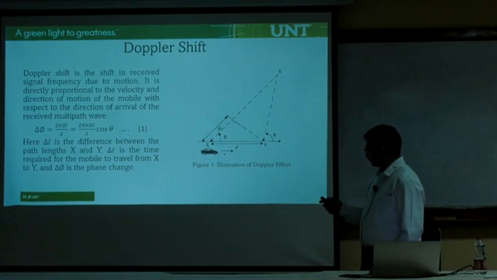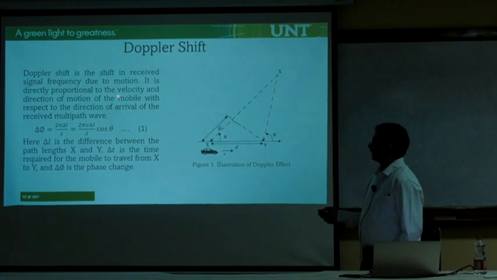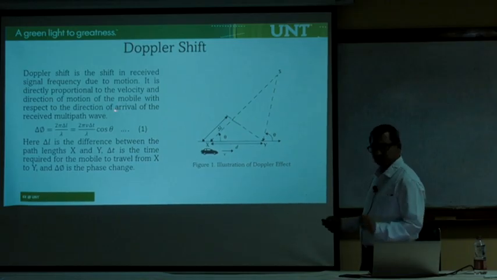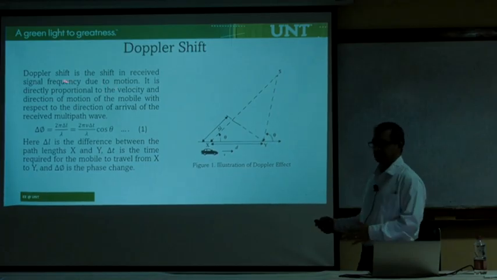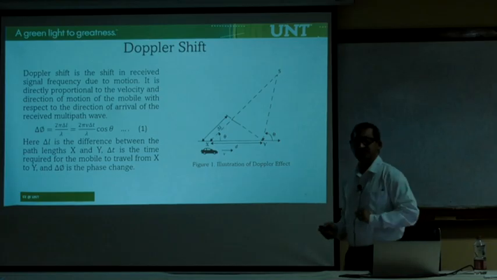So this gives an idea about Doppler shift in a little more specific detail. Because of motion, especially when you are in vehicles, your received signal frequency is going to be different from your transmitted frequency.